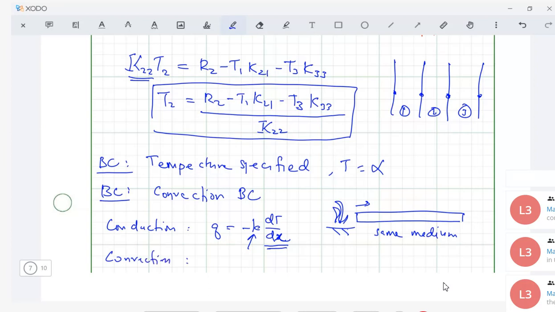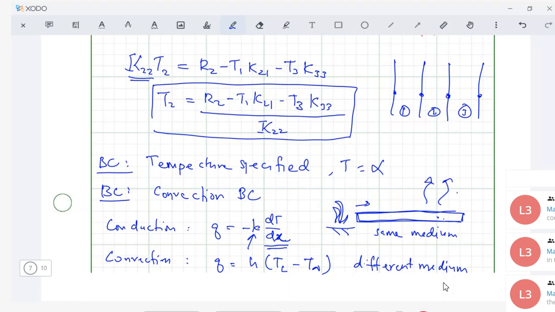Okay, now convection. So for convection, we have the convective heat flux, which is h(T(L) minus T alpha). Now this is a different medium. What is meant by a different medium? For example, the heat dissipated from this metal to the air, so from metal to fluid, from metal to air.